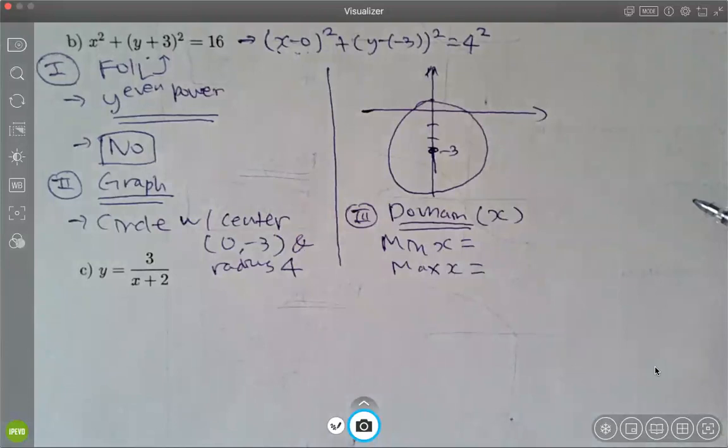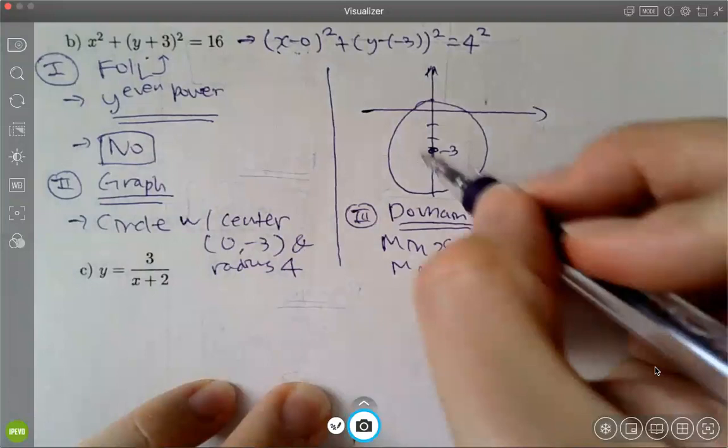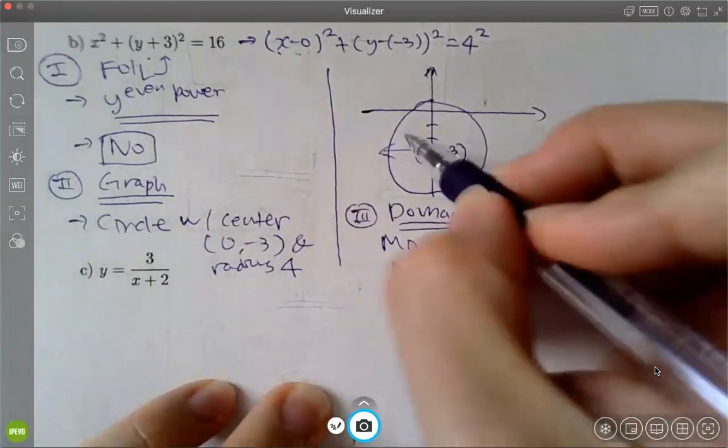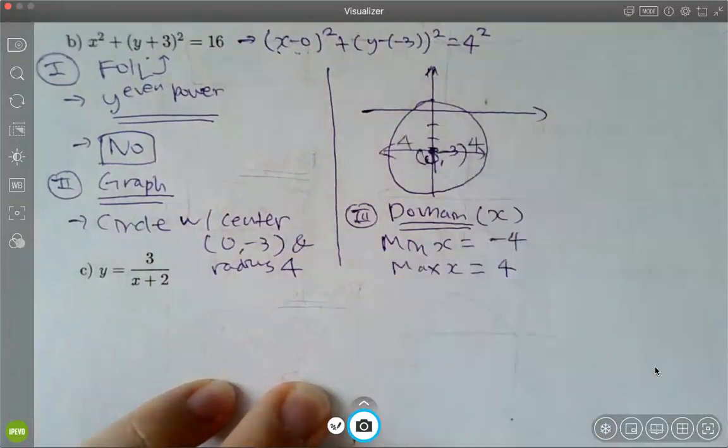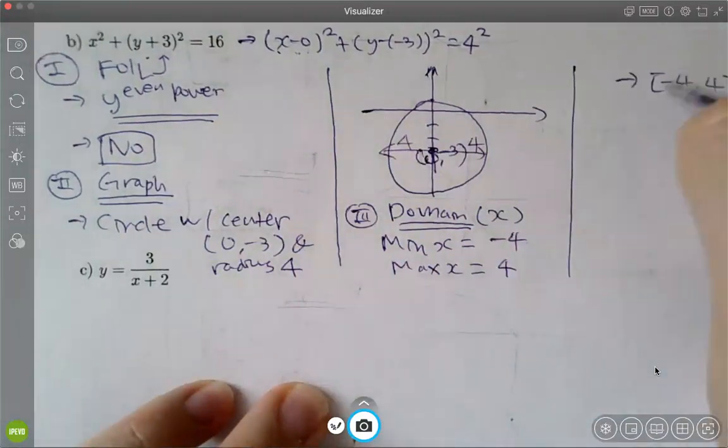And what's the maximum x? 4, yes. Do you see why? Because from 0, -3, you go left 4 and right 4. So the domain is bracket -4, comma 4.